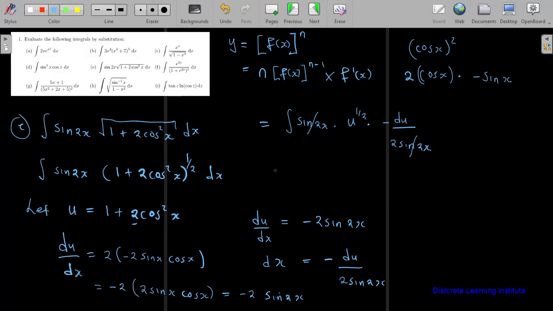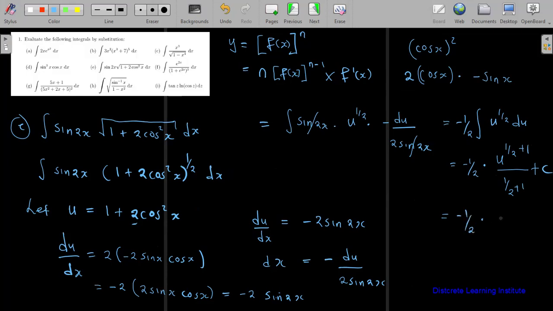You can take it out of the integral sign to have negative half outside. Then you integrate u to the power half du, giving you negative 1 over 2 multiplied by the integral of u to the power half, which is u to the power half plus 1 over half plus 1, then plus c.